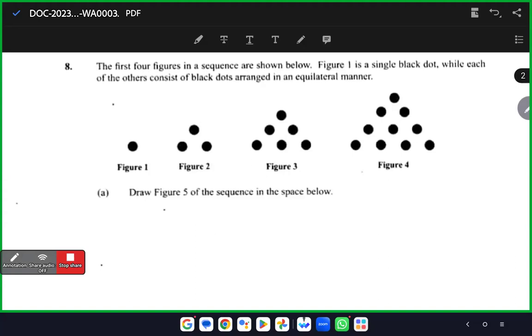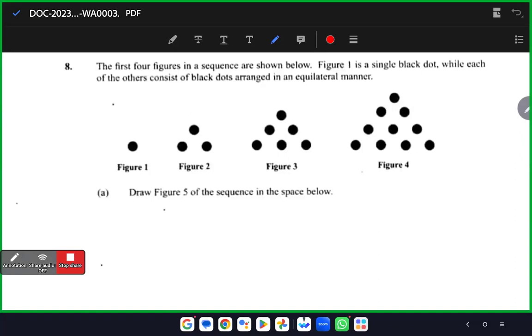So we're just going to go ahead and draw the fifth figure. And again, ladies and gentlemen, I'm just going to take the short way out. As you can see, each time you go up, you add the number that the figure is. For the first one, you started with 1 dot. When you go up to figure 2, you add 2 more dots to what you had before, so this time we have 3 dots.